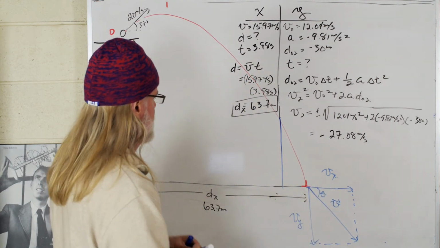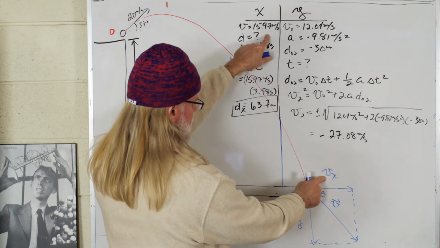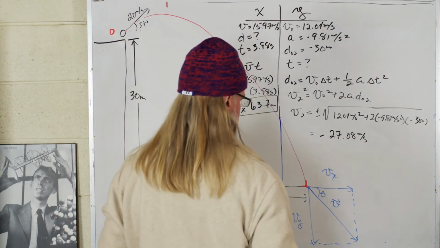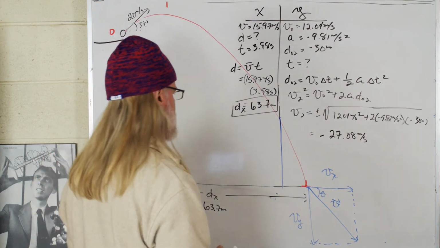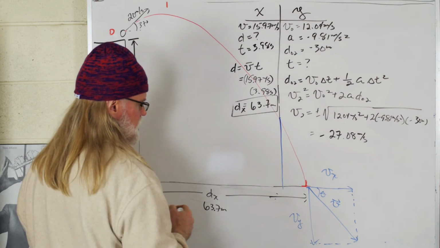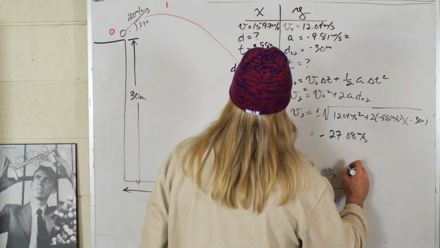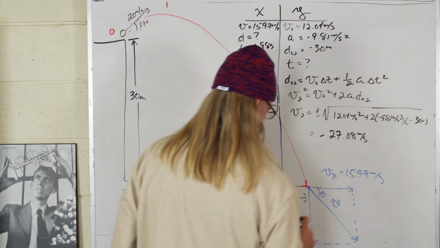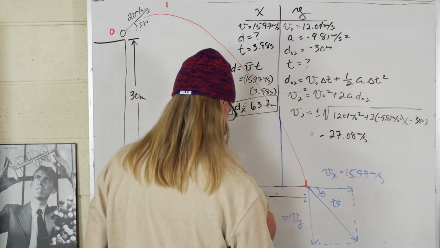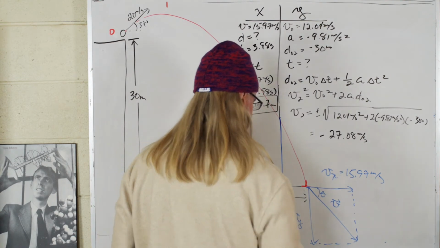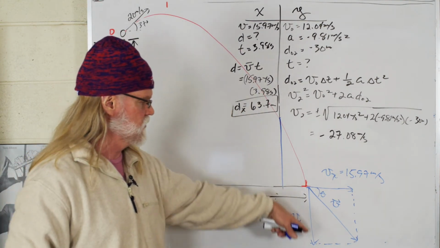Vx is 15.9, almost 16 meters per second. Vy is negative 27. So let's calculate the magnitude of V. Vx, of course, is 15.97 meters per second. Vy is 27.08 meters per second. I don't have to put the negative there because I'm showing it's downward.